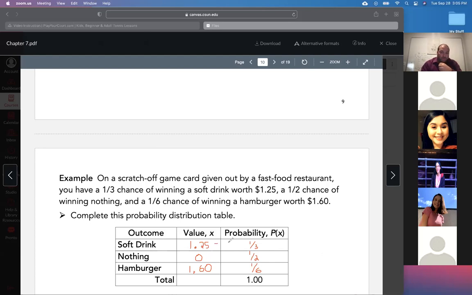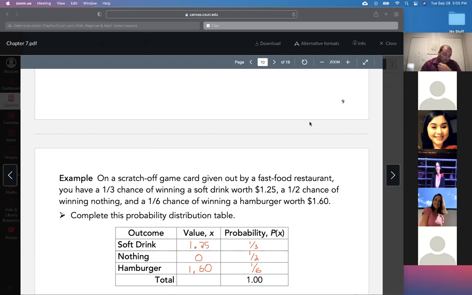No. You've got to multiply, and then add. You don't just add the values. You've got to multiply every value times its probability and then add those numbers. So it's going to be 1.25 times 1/3, and then add it with 1.60 times 1/6. And what do you get?